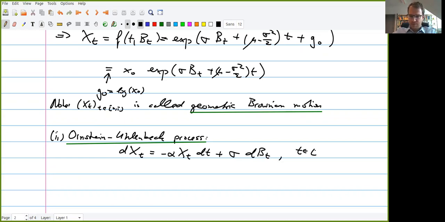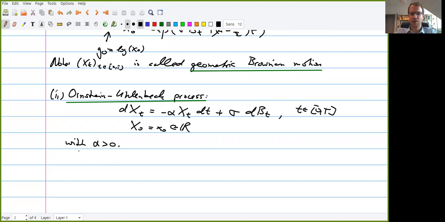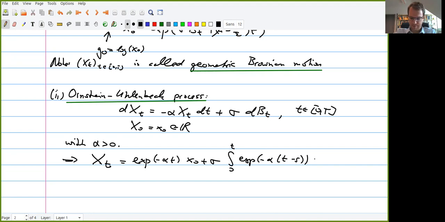And this is t, and sigma is just a constant as usual, and we have a parameter alpha which is supposed to be non-negative. Again, this can be explicitly solved, and this process X_t is just given by exponential of minus alpha t times x0 plus sigma times the integral of exponential of minus alpha (t minus s) dB_s.